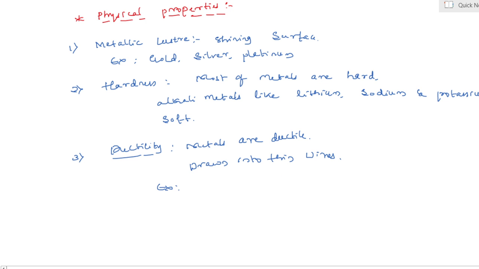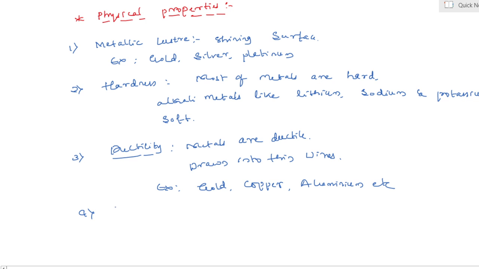Examples are gold, copper, aluminium, etc. Yes, my dear students. Ductility means metals are generally ductile. It is the property due to which a metal can be drawn into thin wires. Here, gold, copper, aluminium and silver are examples of the physical property ductility.